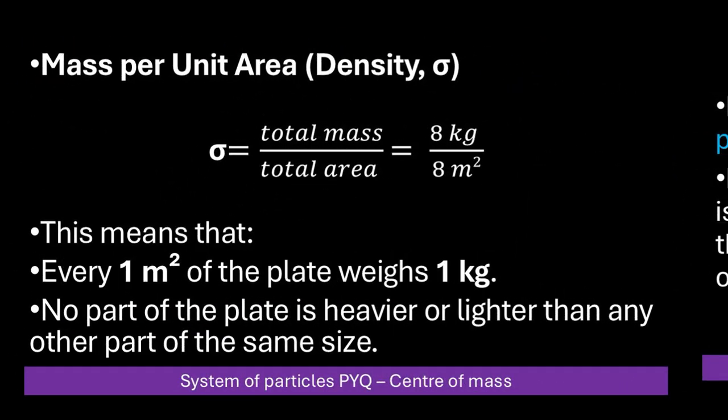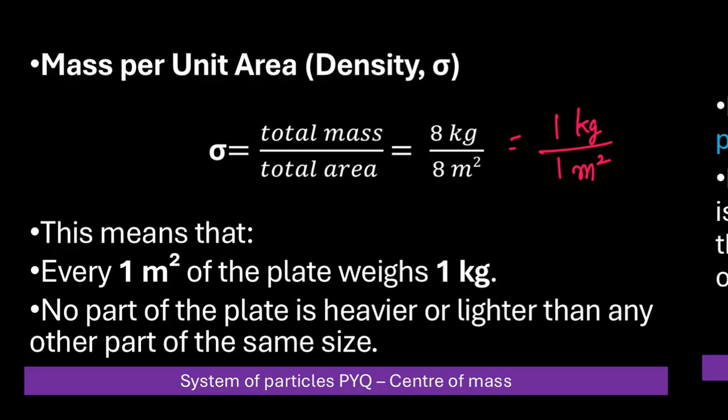Now, what is the mass density here? The mass density here is mass per unit area, sigma. What is the total mass? It is 8 kilogram. What is the total area? It is 8 meters square, which means the mass density here is 1 kilogram per meter square, which means every meter square area of this plate will weigh 1 kilogram.